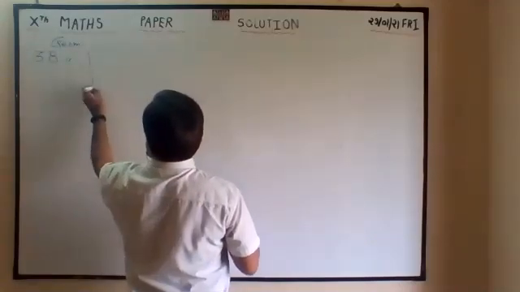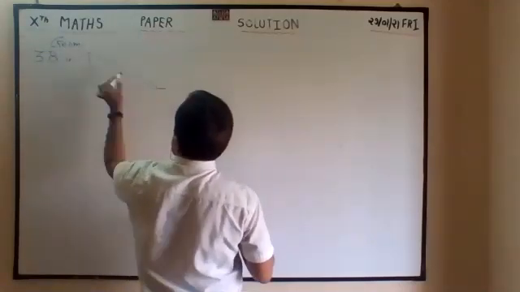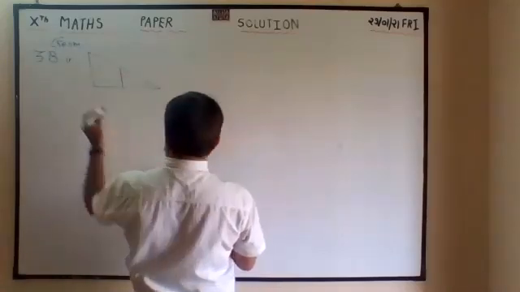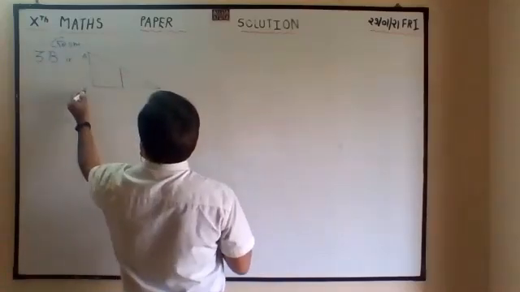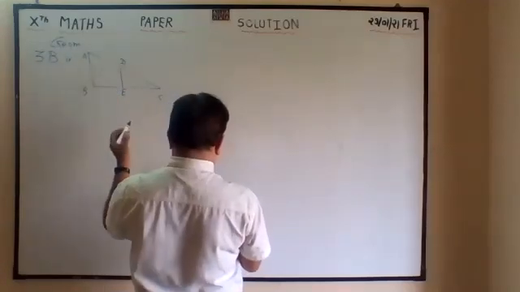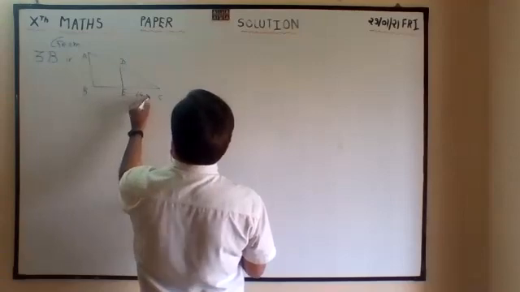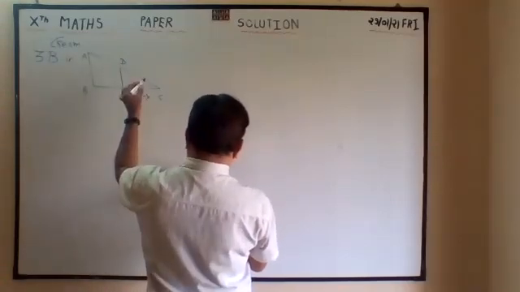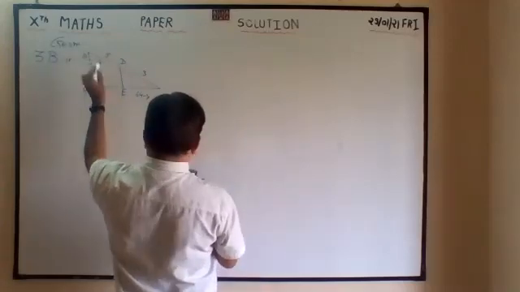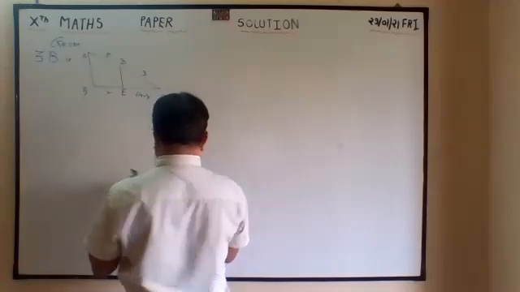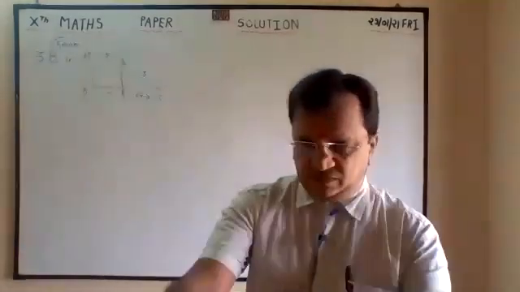Diagram is given. This is 6.4 minus x given, and 3, 5, and x. And parallel also given.